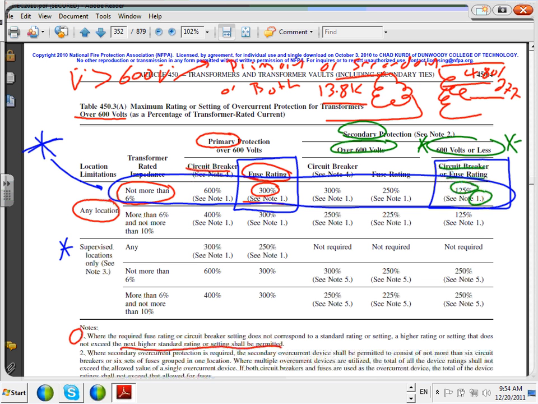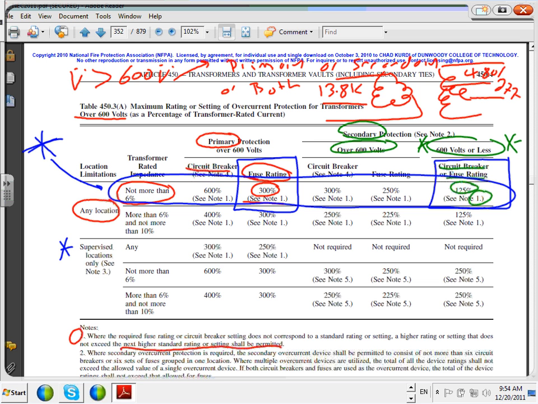For supervised location, they allow you to use 300% versus 600% non-supervised. Not always. I can have a transformer that is 13.8, 4160, then I have to go down to here. But these are the most common that you're going to encounter.